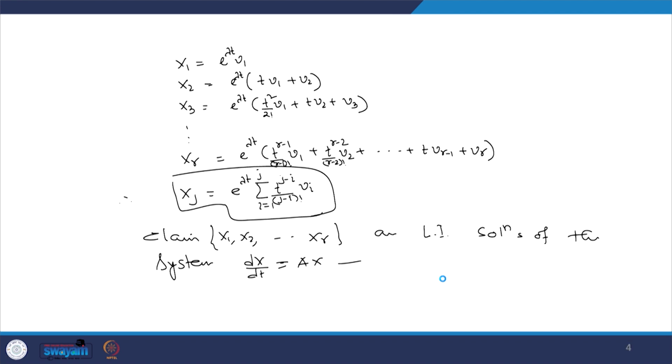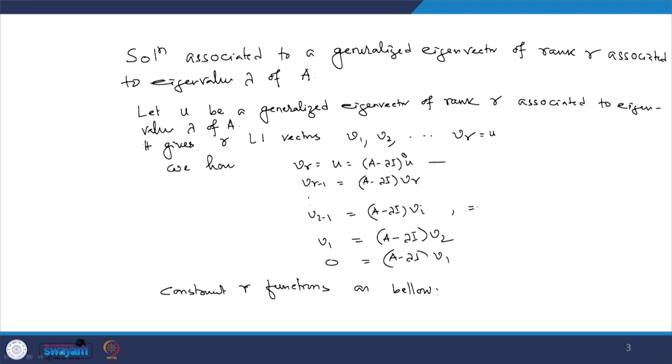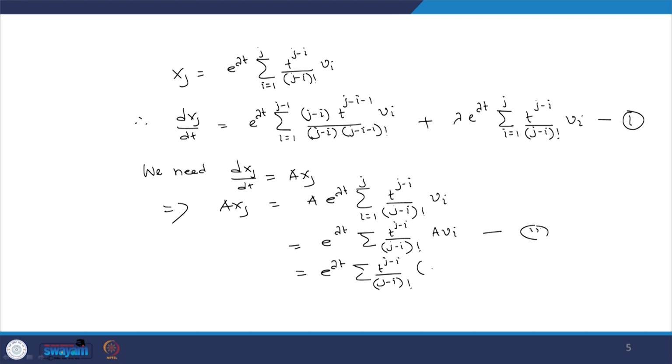According to the previous formula, A Vi equals lambda into Vi plus Vi minus 1. So, I can substitute lambda Vi plus Vi minus 1.